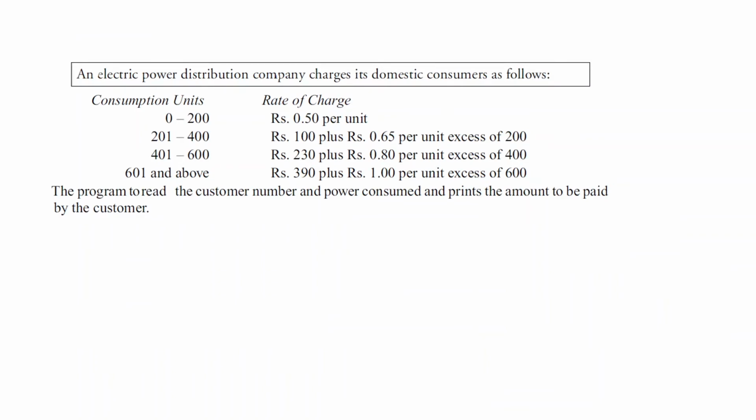This is a typical case where we have to calculate the amount to be paid for the electric units consumed. Or when you are asked to calculate the grade of a student, we have different options: if it is above 90, A grade; 80 to 90, B grade; 70 to 80, C grade, like that. These are various conditions and they are dependent.